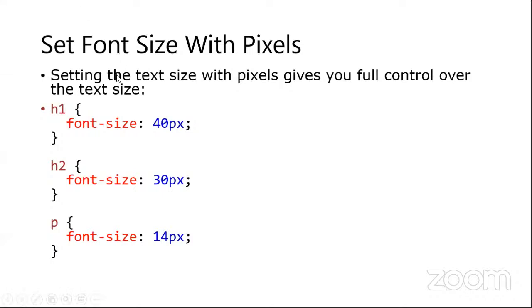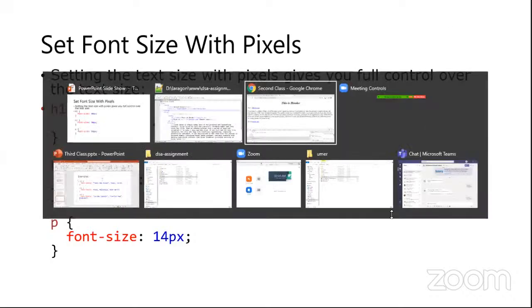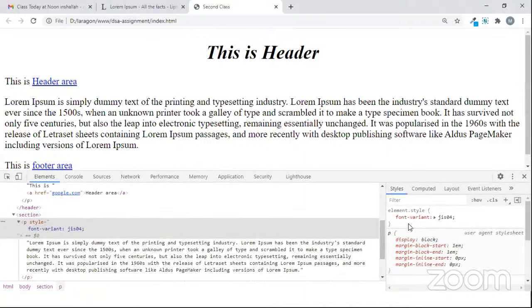So here is set font size with pixel. Setting the text size with pixels gives you full control over the text size. So we can set the font size like 40 pixels, 30 pixels, and 14. It's up to us and up to our requirement.